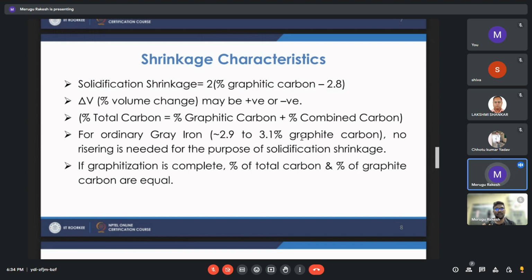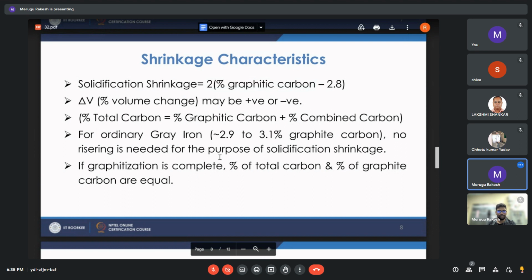But in this case, it is a positive shrinkage; basically it will expand. Then there is no need for a riser, because it is expanding. So we have to decide on the graphitic carbon percentage whether to keep the riser or not. This is the concept. No risering is needed for the purpose of solidification shrinkage.